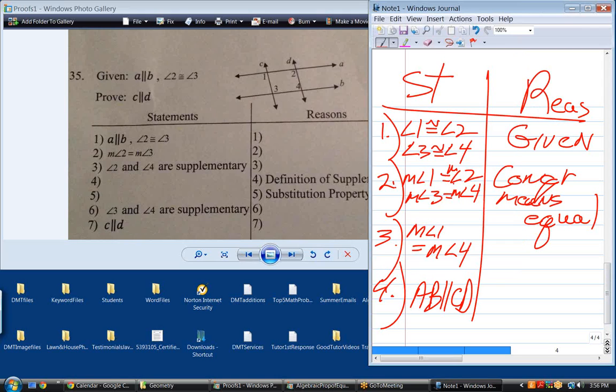Well, here I'm saying that the measurement of 1 is equal to the measurement of 2, and the measurement of 3 is equal to the measurement of 4. Therefore, the measurement of 1 is equal to the measurement of 4. Hold on a moment.